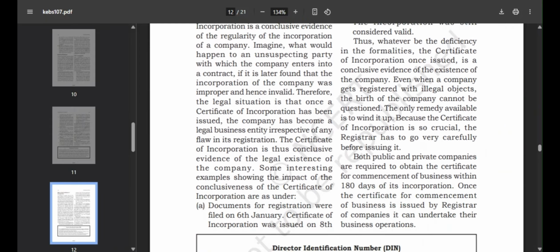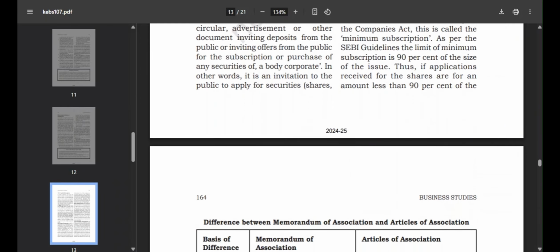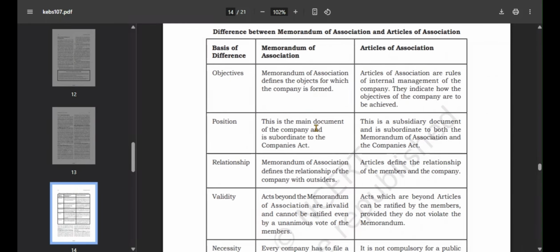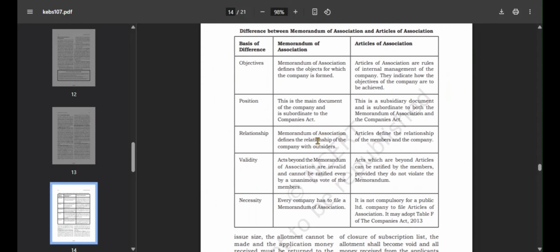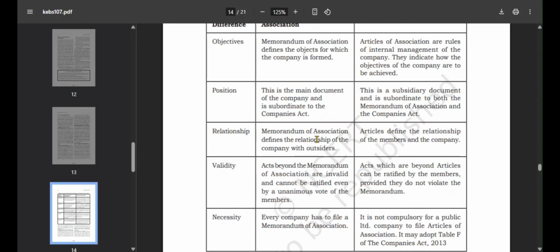In it, you will see that MOA defines the relation of the company with outsiders. Matlab, it's the external relationship that is being defined in MOA. But AOA, on the other hand, defines the relationship within the members of the company. MOA external, AOA internal relationships.